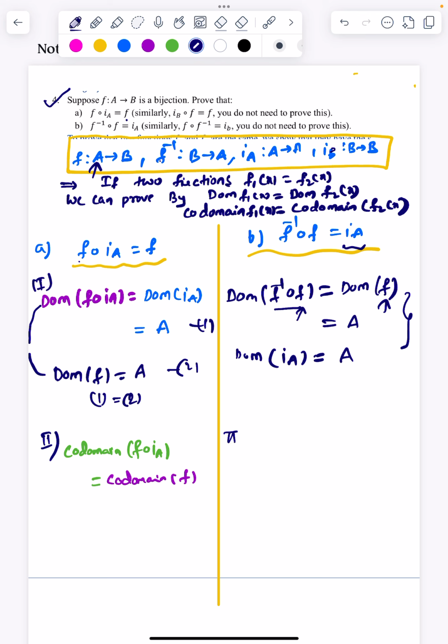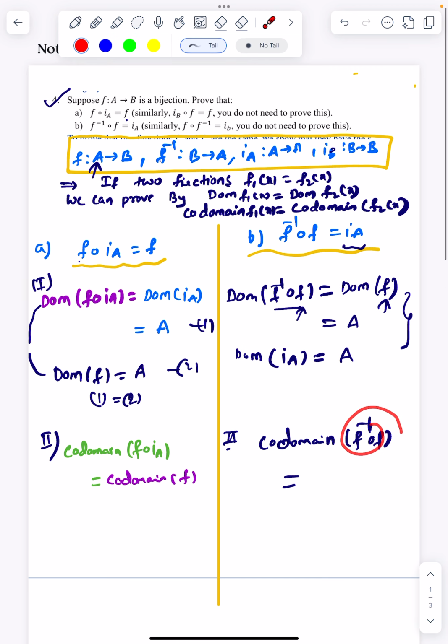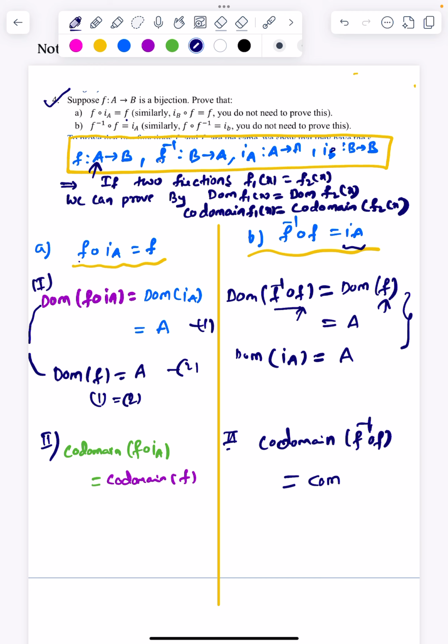Now I check the second case, the codomains. The codomain of f inverse circle f equals the codomain of the first function, so it is the codomain of f inverse.